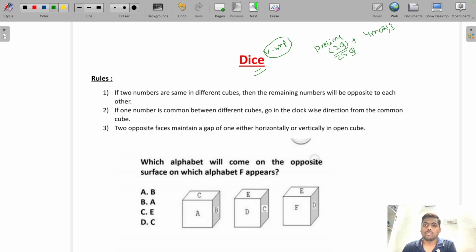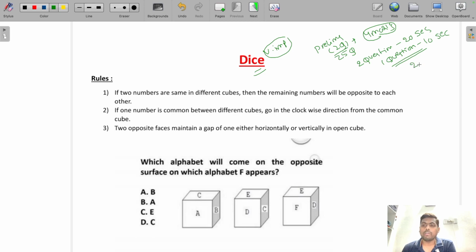You have to solve these two questions in 20 seconds, so for each question you need to take only 10 seconds, not more than that. This is a very simple topic, so you have to do it in very less time, so that you can spend the remaining time on tough questions.